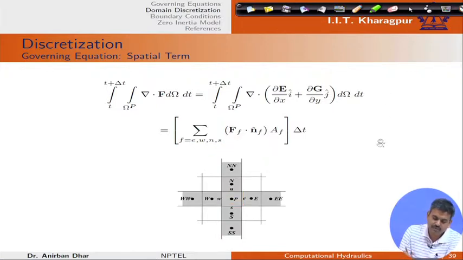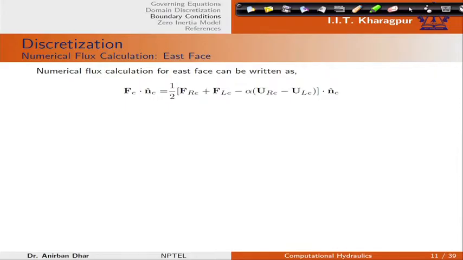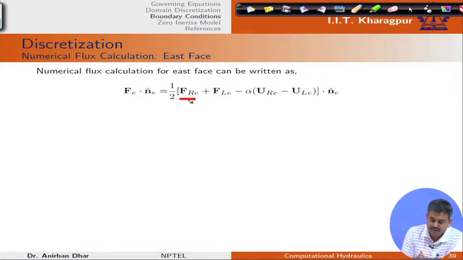This is similar to our previous discretization. Now, the difference is that now we can calculate the flux values at the interface. Now, for that calculation we need to consider the flux at the right face or right side, and the flux from the left side, where U_R is the value on the right side and U_L is the value from the left side.